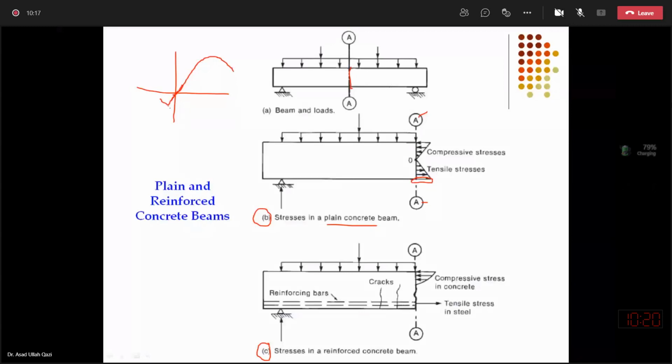So if I'm very low in stress magnitude in compression and tension, again I will get a nearly straight stress variation, because again the strain diagram will be linear and strain at the neutral axis will be 0, and farthest from the neutral axis it will be maximum.